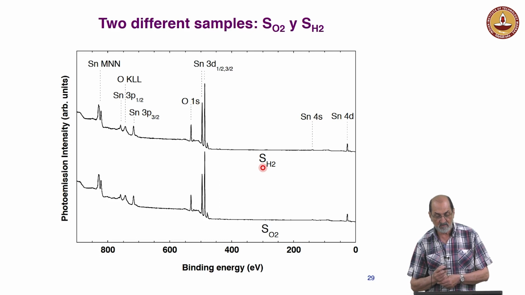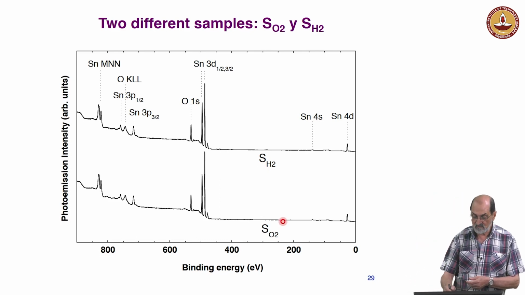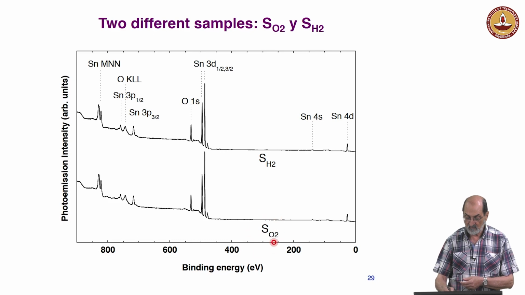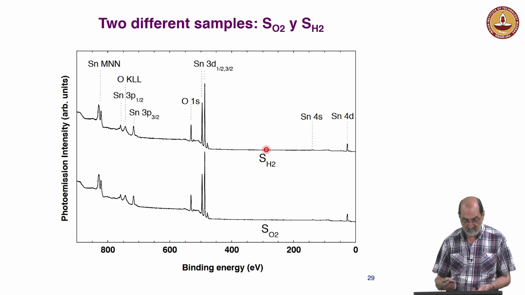So the samples were essentially the same, but by preparing with oxygen or with a hydrogen environment, we were changing the dopant concentration, the amount of oxygen vacancies. If you look at them, they're about the same.